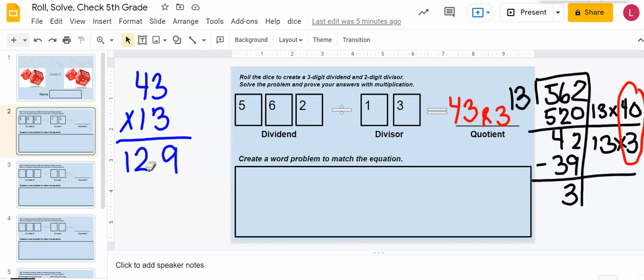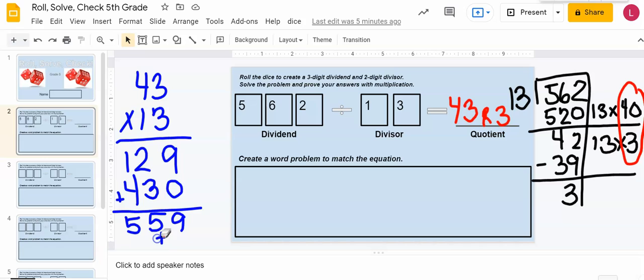Now I'm multiplying by 10, so I'm going to hold my ones place. 1 times 3 is 3, so 10 times 3 is 30. And 1 times 4 is 4, so 10 times 40 is 400. I'm going to add those together. 9, 5, and 5.